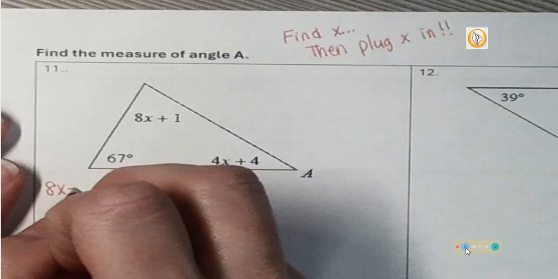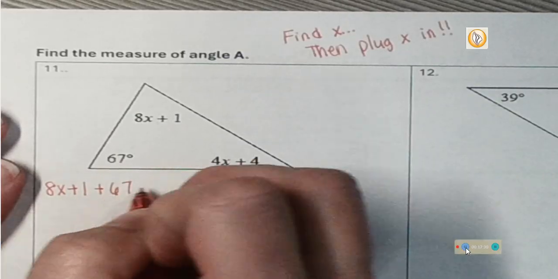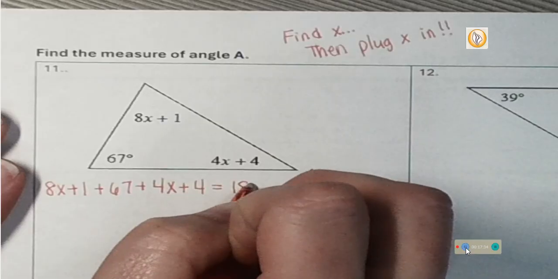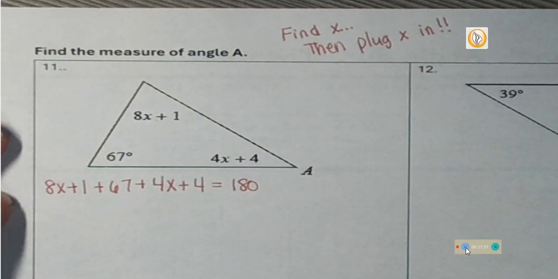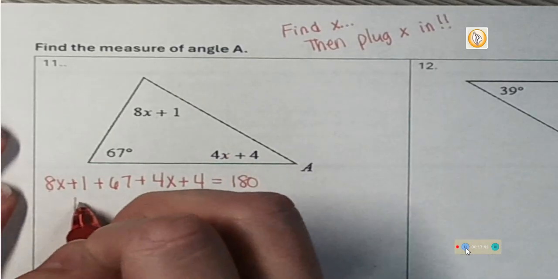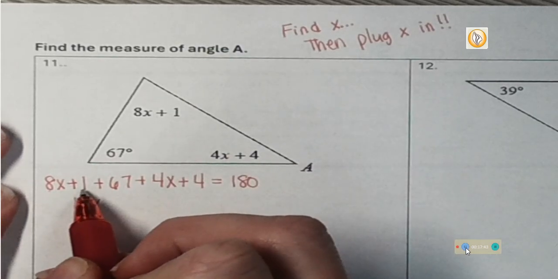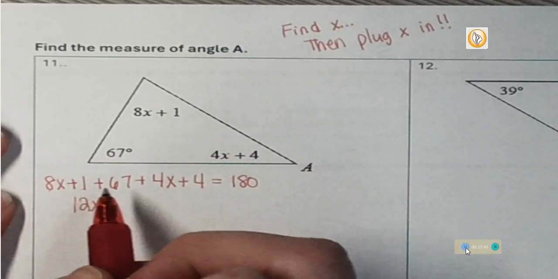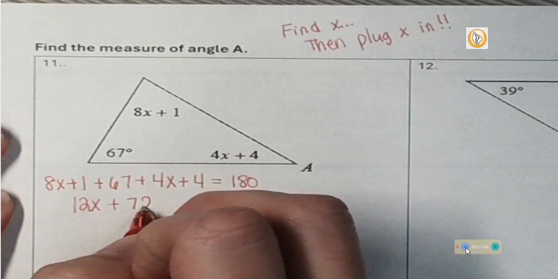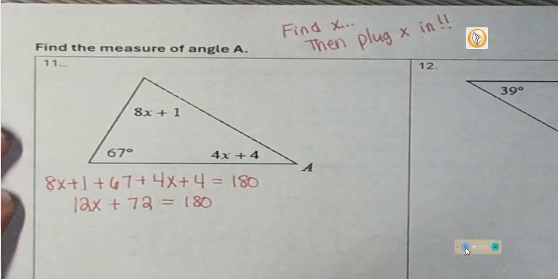So 8x plus 1 plus the 67 degrees plus the 4x plus 4 is going to equal 180 degrees. Okay. Combine like terms. 8 and 4 give me 12x. I did this in my calculator. I'm not going to lie to you. 1 plus 67 plus 4 gave me 72, which equaled 180.